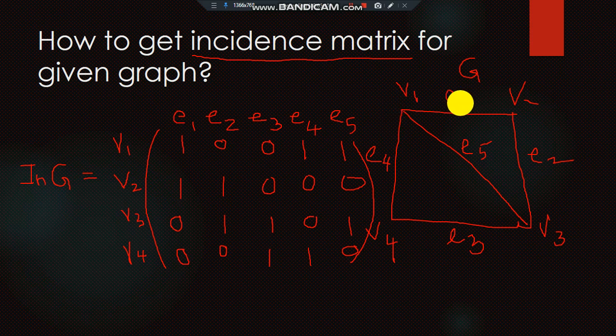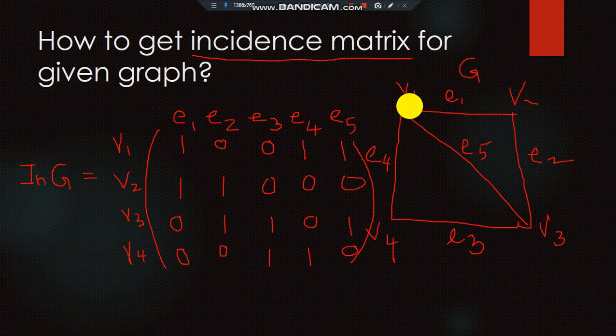Then the edges E1, E2, E3, E4, E5 in a horizontal way. Now we have to see whether an edge is incident on a particular vertex or not. If it is incident, we put 1. If it is not incident, then we put 0.